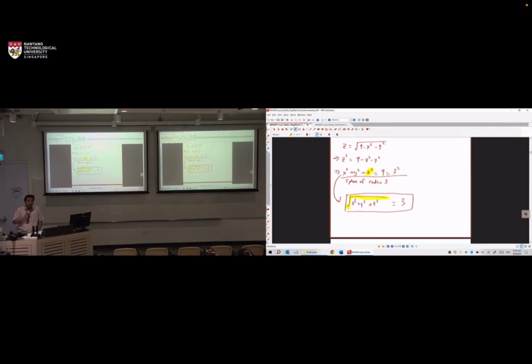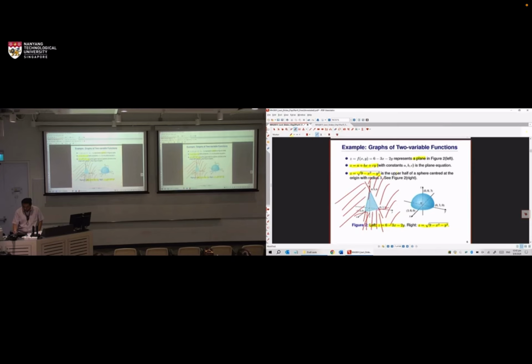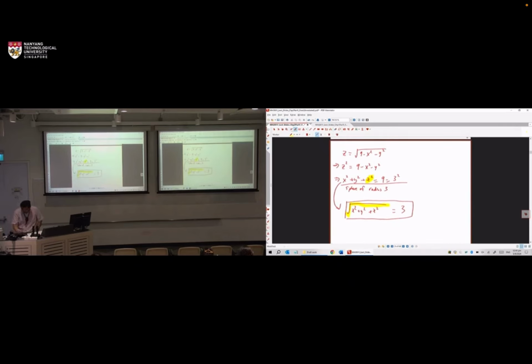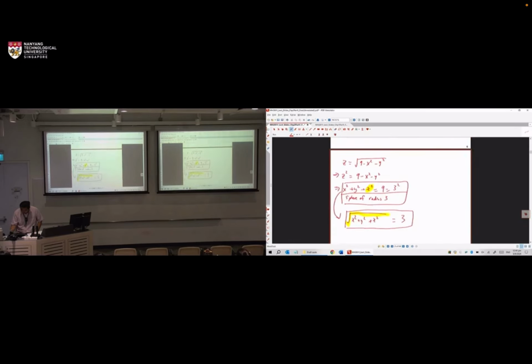Your z value must be positive, your outcome must be positive. Which means that it's actually an upper half of a sphere centered at the origin with radius 3. Just a small subtle difference. If I give you this, it's definitely a sphere. But if I give you the square root version, it now becomes an upper half of a sphere.